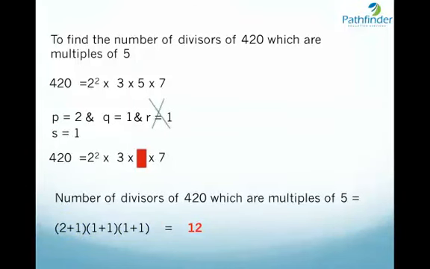On multiplying this, we will get 12 as the answer. So the number of divisors of 420 which are multiples of 5 is 12. If we were asked for multiples of 7, then we would have ignored s, that is, we would have ignored one 7 from the above prime factorization.